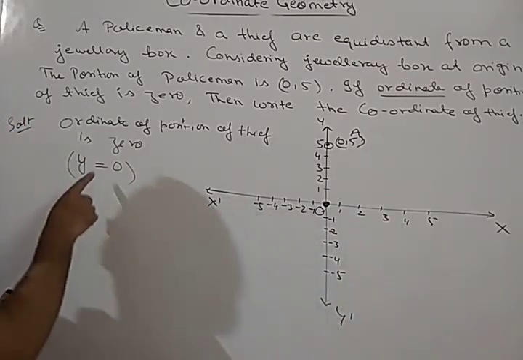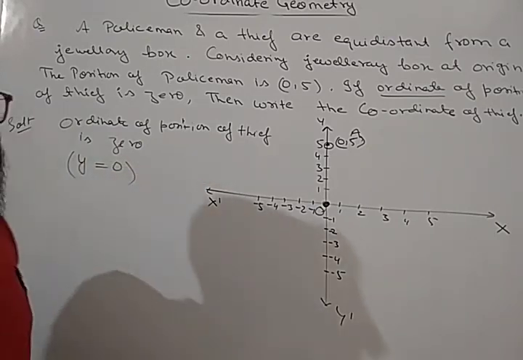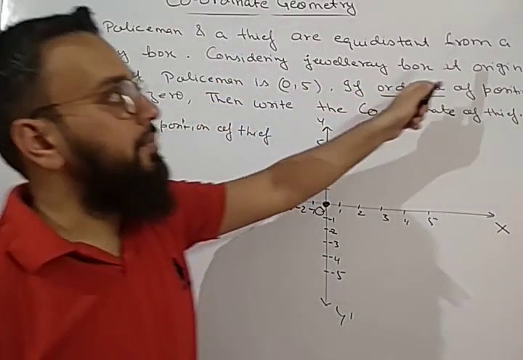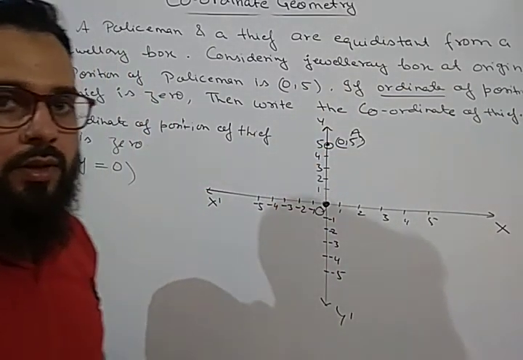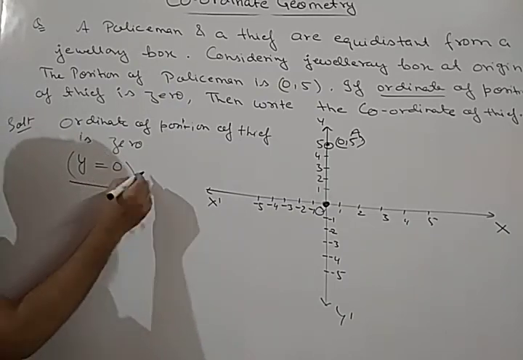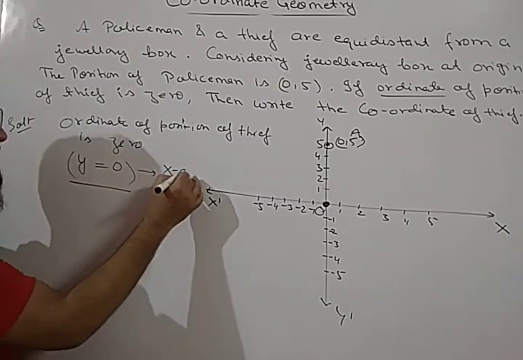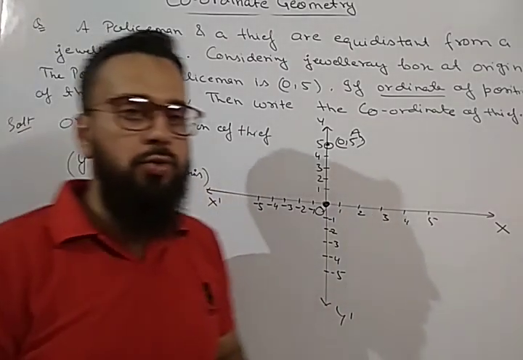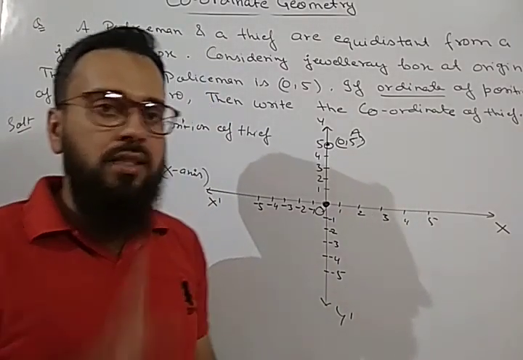Now we have to take the y-coordinate as 0, but we are given one important thing: the policeman and the thief are equidistant from the jewelry box. What is the meaning of y-coordinate 0? y equal to 0 means it is our x-axis. We have discussed it earlier: on the x-axis y is equal to 0, and on the y-axis x is equal to 0.